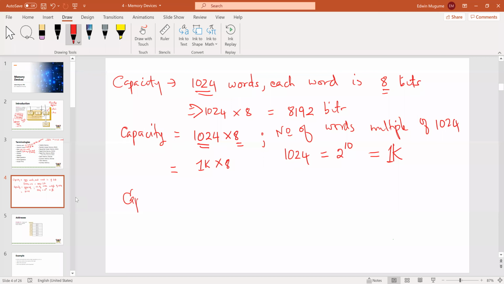That means if my capacity was 4k by 8, this is essentially equivalent to 4 times 1k, which is 1024 times 8 times 4, which gives me 32768 bits. So this is how we express memory. Wherever we have a chance, we can express it in terms of k.